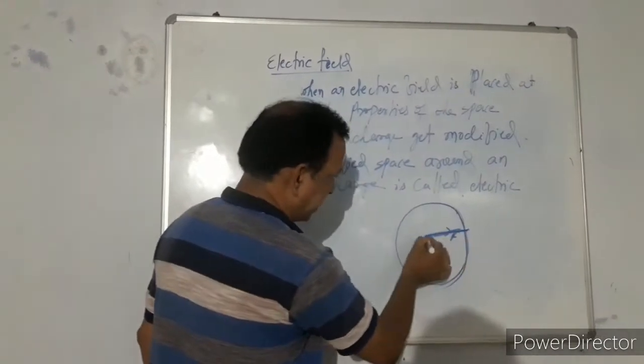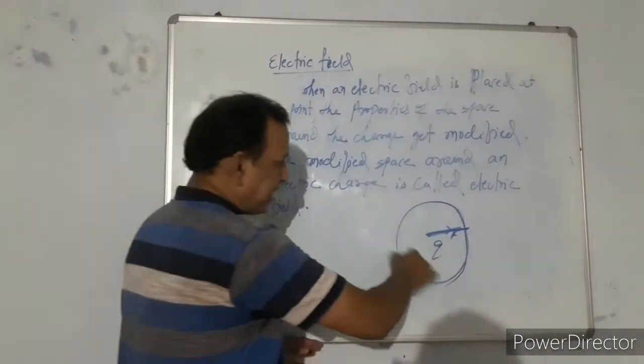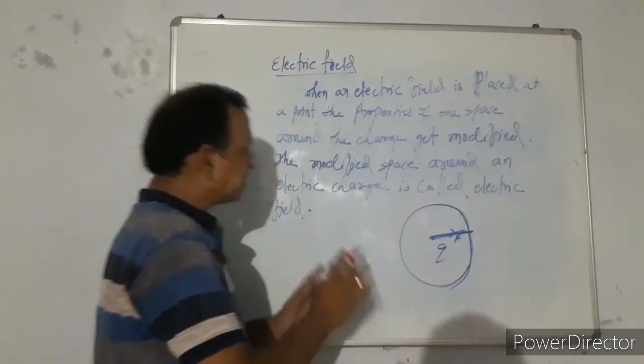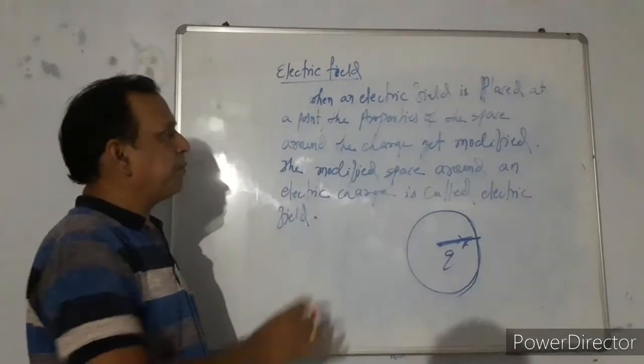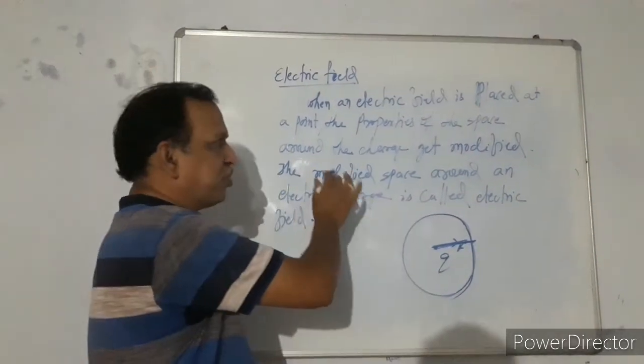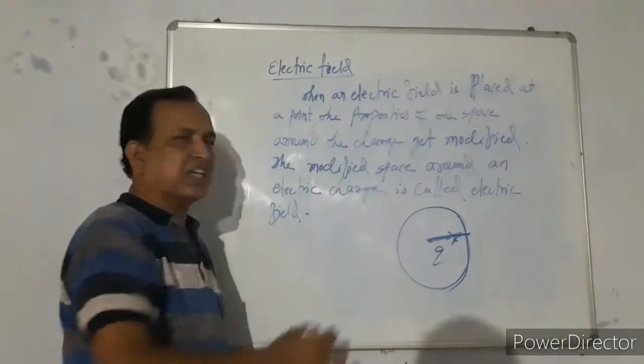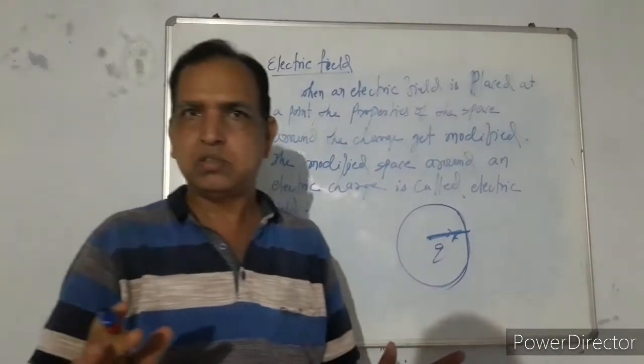So this total space is called electric field.